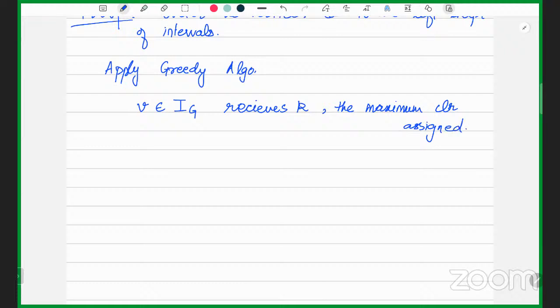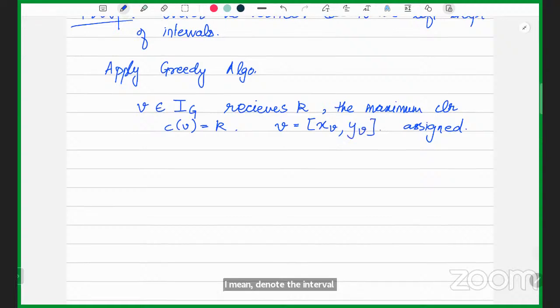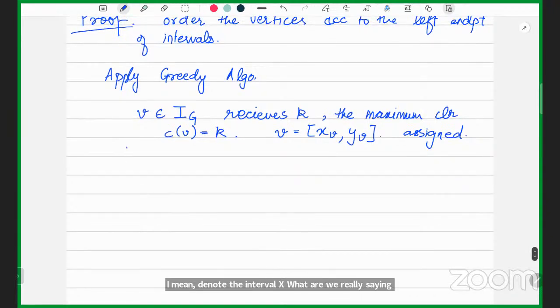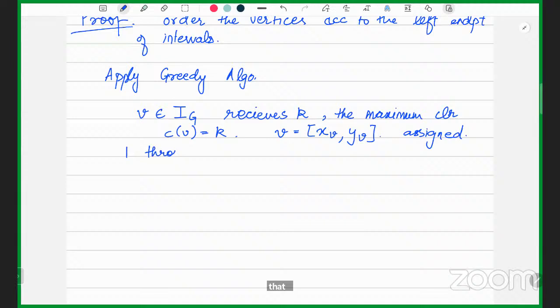So what I am saying is that the color of V is K. And if I let V denote the interval [XV, YV], what are we really saying? That the colors 1 all the way through K minus 1 were used on earlier neighbors of V. Remember the greedy algorithm? The lowest index color which is not used on its earlier neighbors, that color you give to the current vertex.